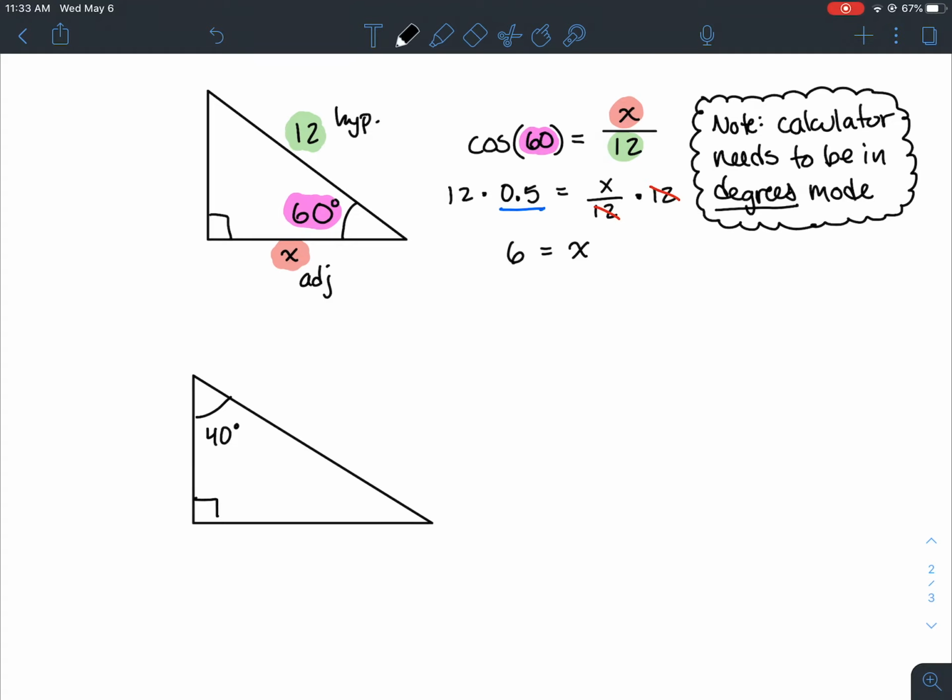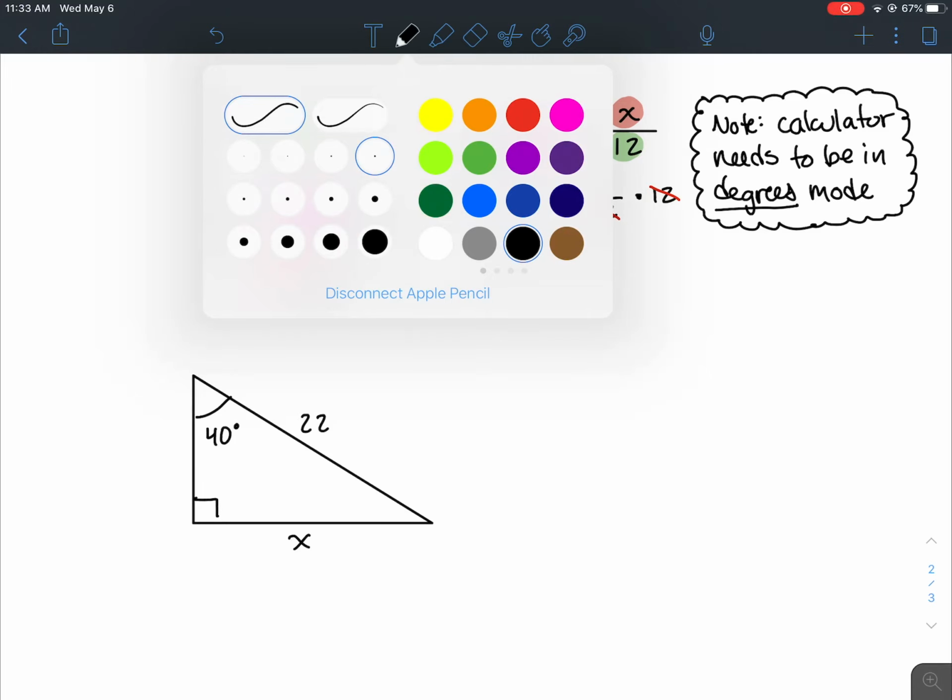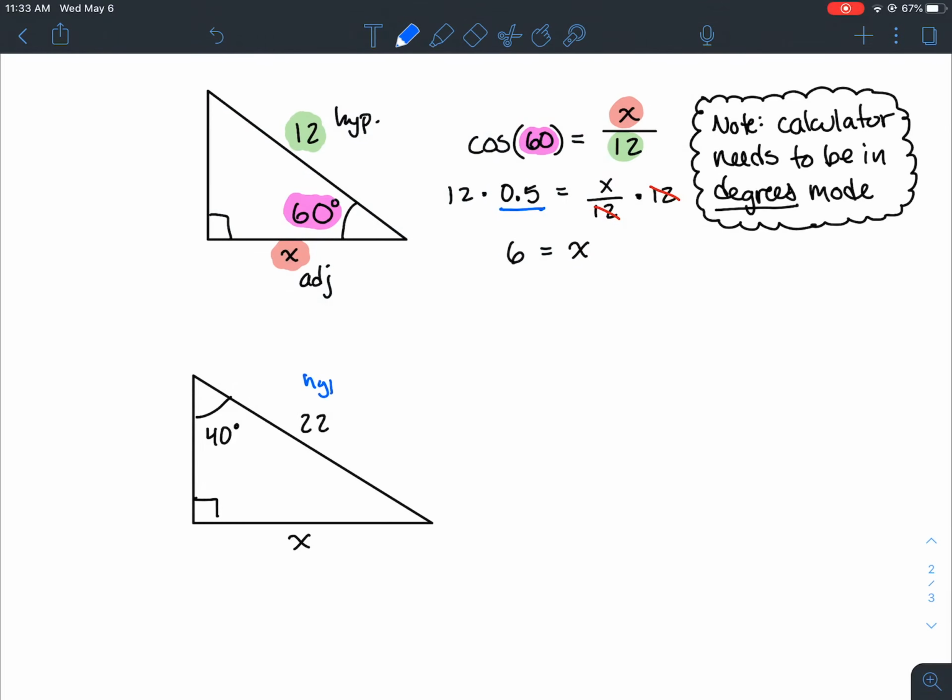And I have a hypotenuse of 22. And my x is down here. So I'm trying to find that bottom side length. Well, if we go through and label these, this is my hypotenuse. This is my opposite. And here is my reference angle.